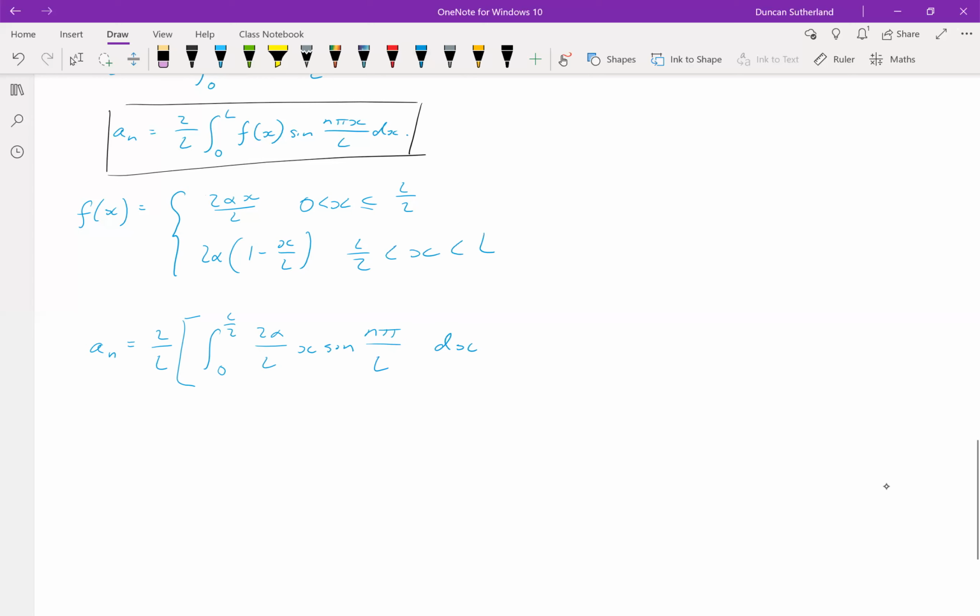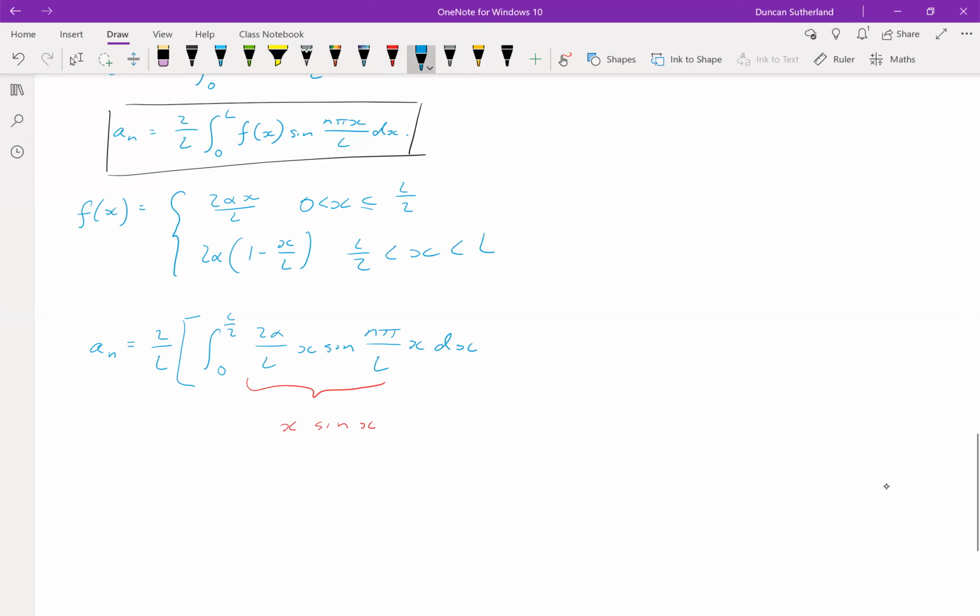This will be an integration by parts, because essentially you're integrating x sine x, with a couple of constants floating around. You can, of course, check a standardized table. This is one of the integrals that will be tabulated.